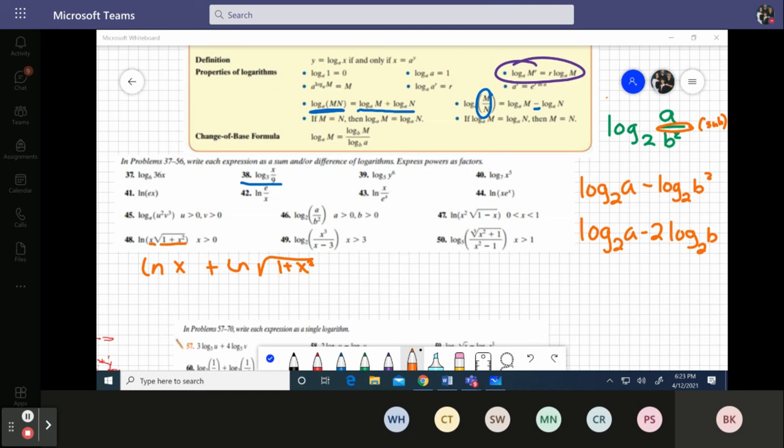How do I write the square root of 1 plus x squared with an exponent instead of the radical? The natural log of 1 plus x squared to the 1/2.